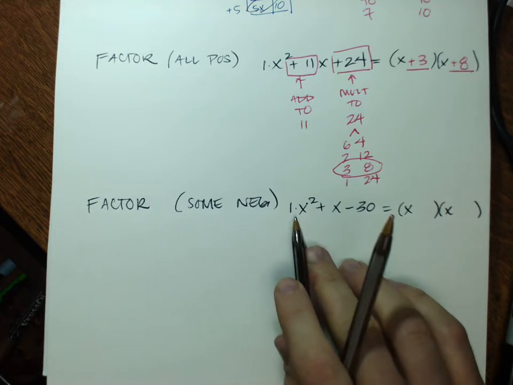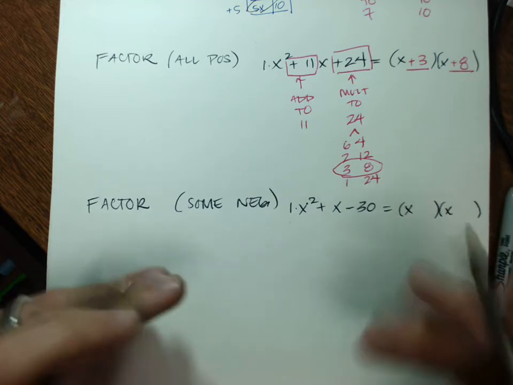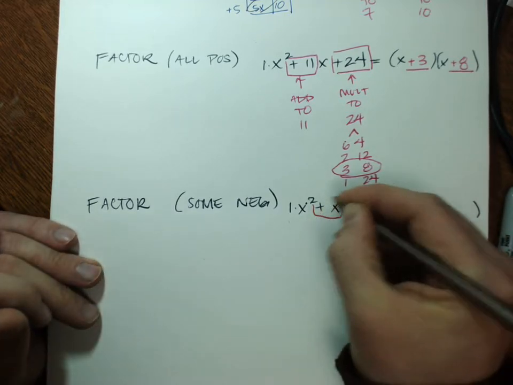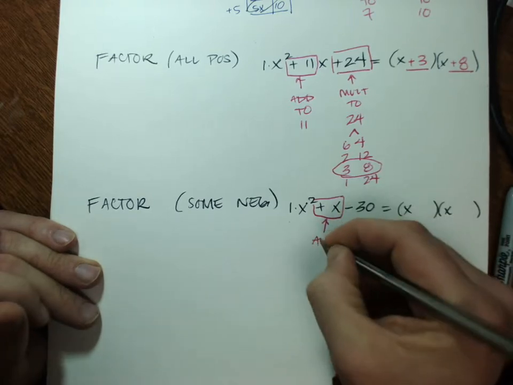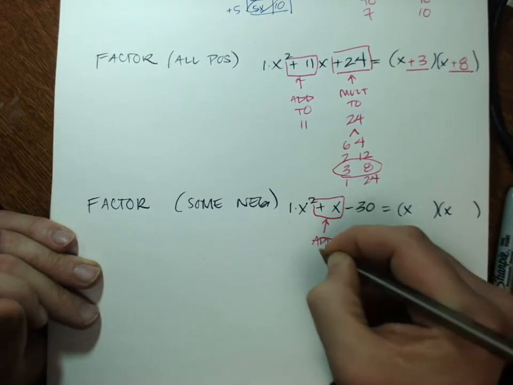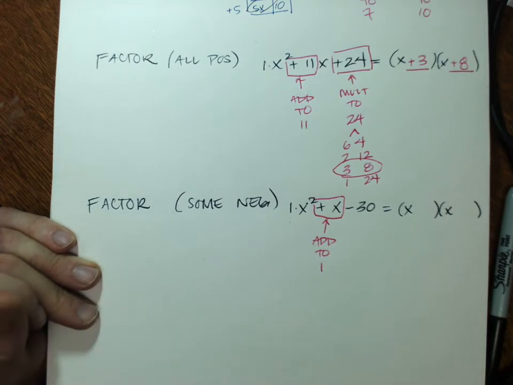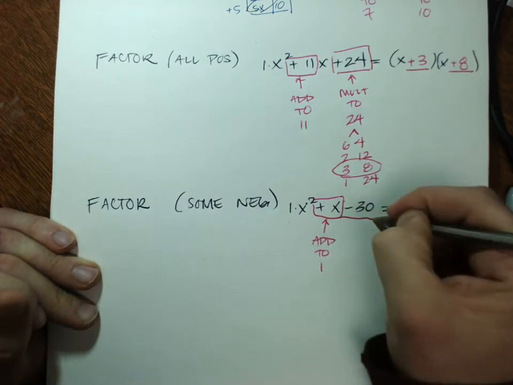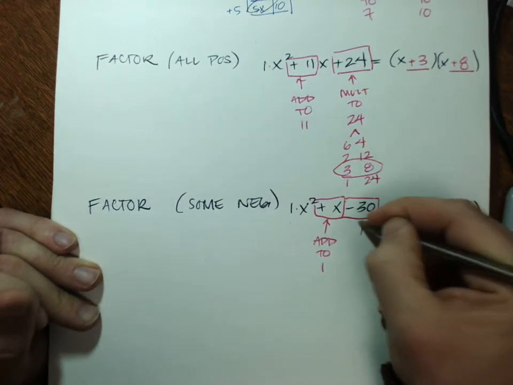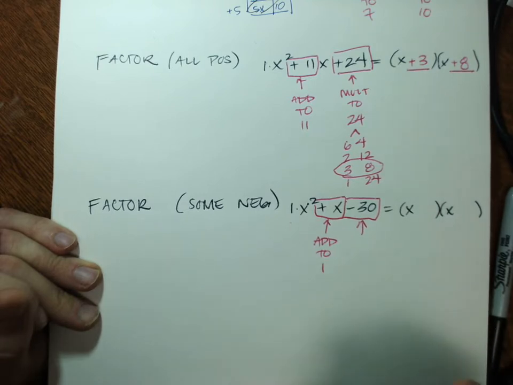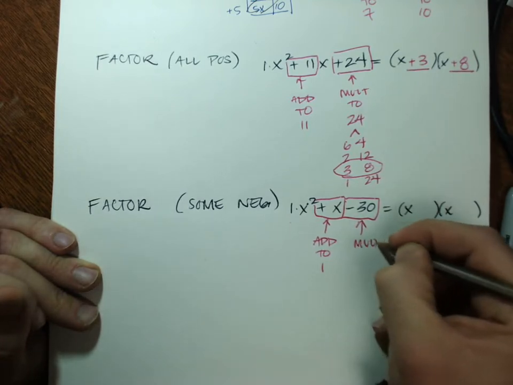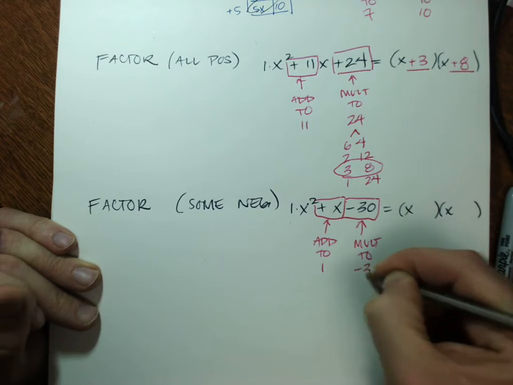It's the default. And so now we need something that adds to positive x, which is just 1x, so it has to add to 1. However, now they need to multiply to a negative 30.